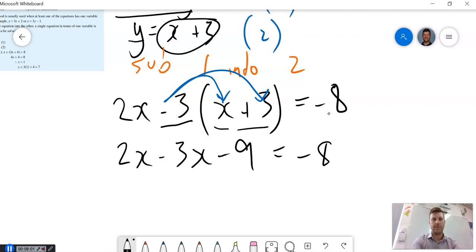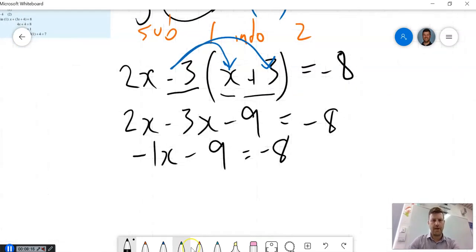Then I'm collecting my like terms. You can see I've got two like terms here. 2x and minus 3x is equal to minus 1x or minus x. Take 9 equals -8. From there, I can just solve for x. So for me, I like to remove the 9 first. So add 9, do that on both sides.